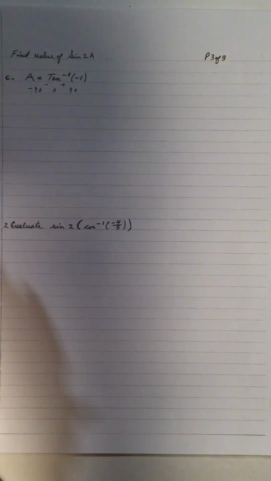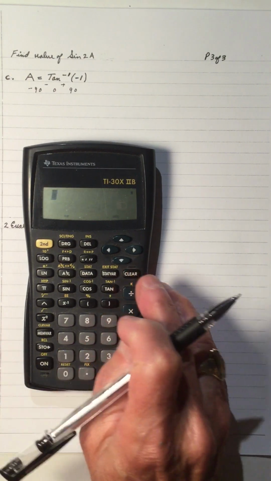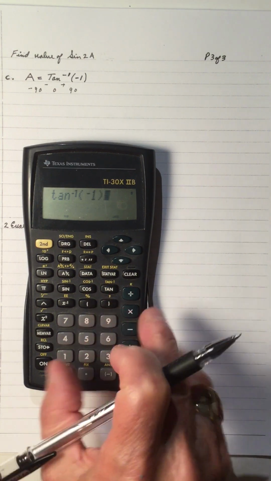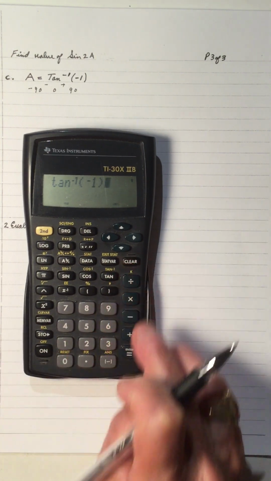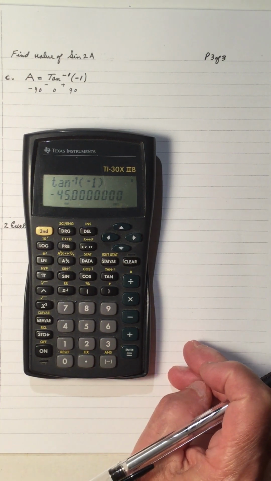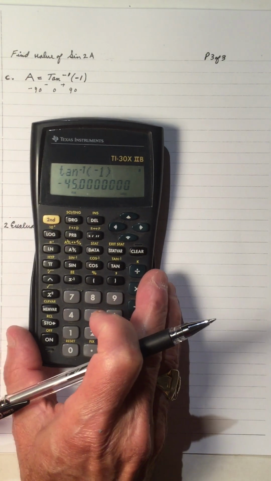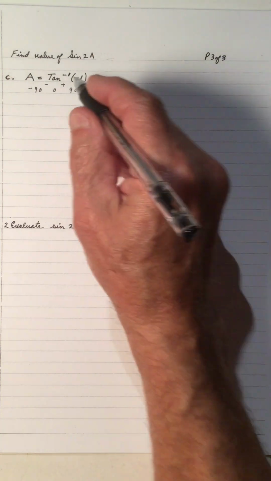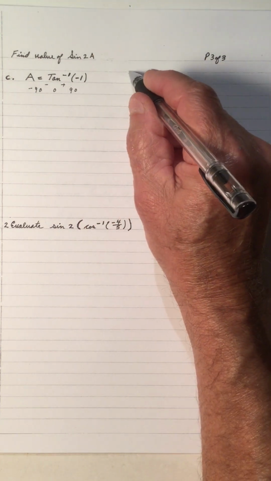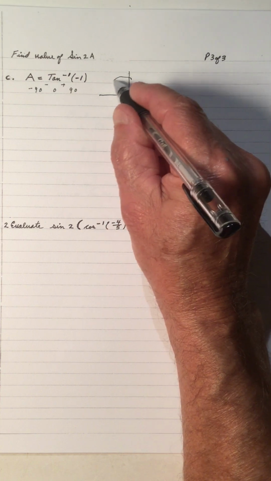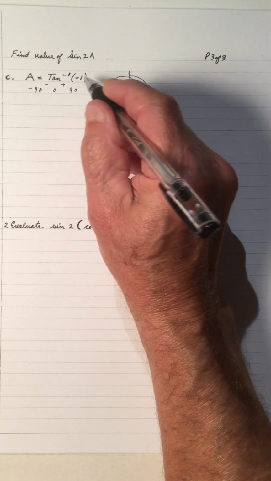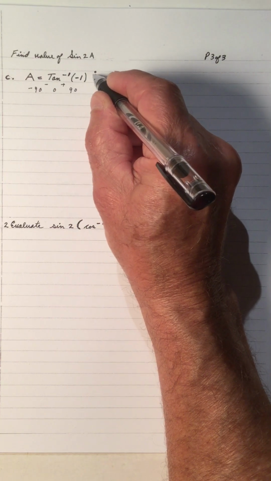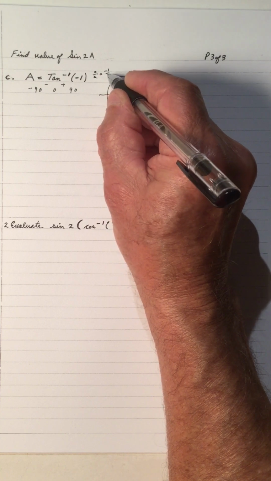We can use our calculator and do inverse tan of negative 1. Inverse tan of negative 1, we get negative 45. The angle is negative 45. So what happens if you draw a diagram like this, and tan is negative 1, tan is the opposite over the adjacent, so that's negative 1 over 1.